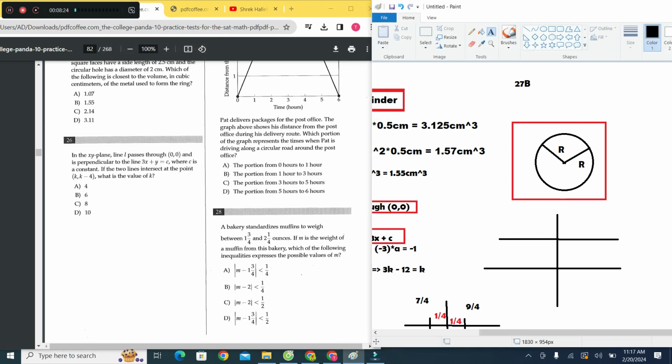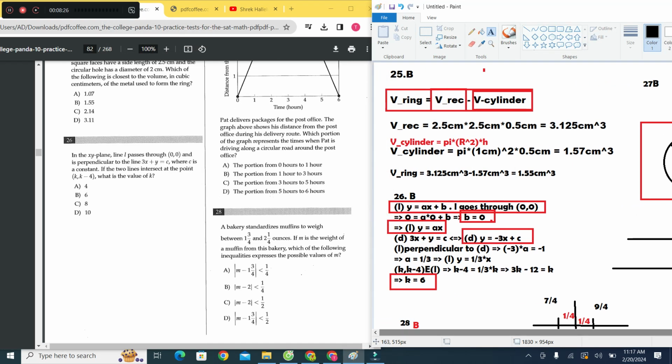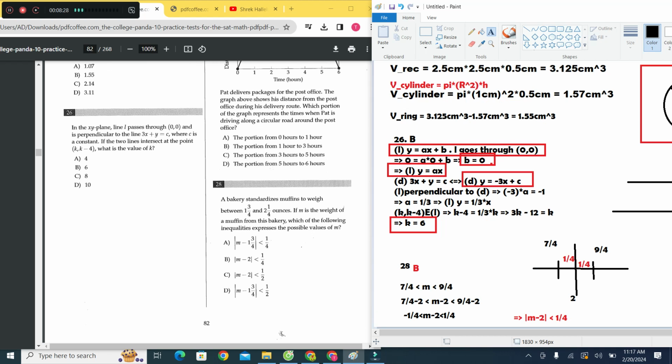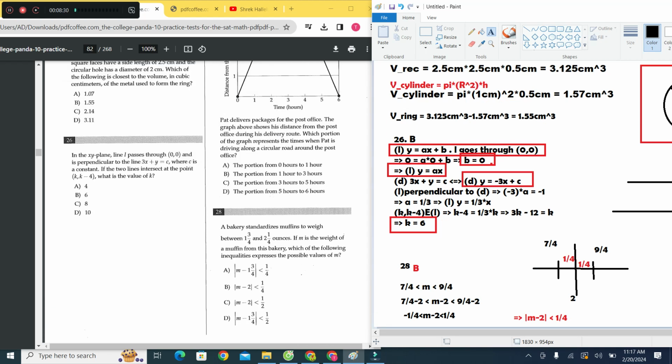Alright, now we have number 28 left. A bakery sells sunrise muffins that weigh between 1 3/4 and 2 1/4 ounces. If M is the weight of the muffin, which of the following inequalities expresses the possible values of M?